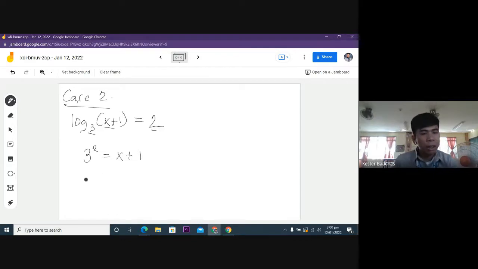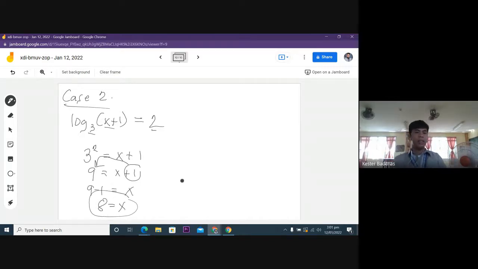Ayan. Tapos, simplify. 3 squared, ilan? 9. 9 is equal to x plus 1. And then, simplify further. 9, lipat natin si 1. 9 minus 1 is equal to x. X natin ay 8. Yan yung case 2 natin.